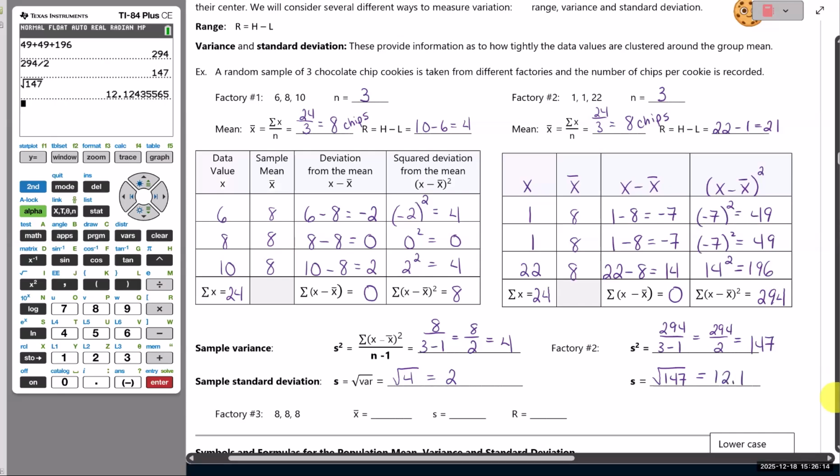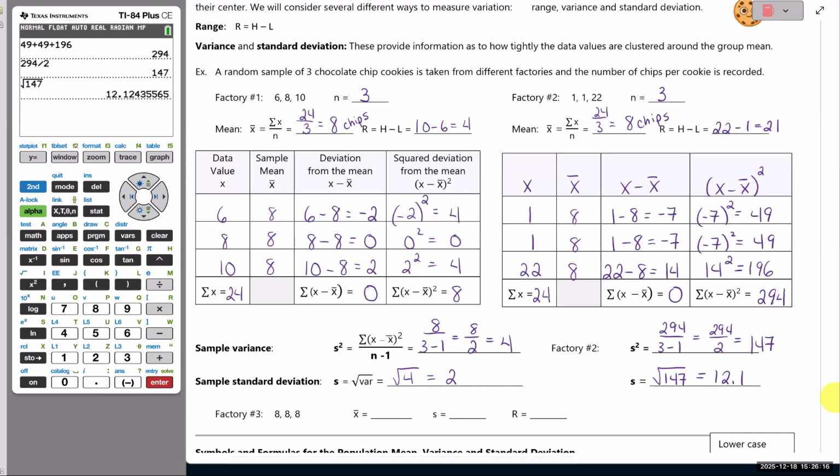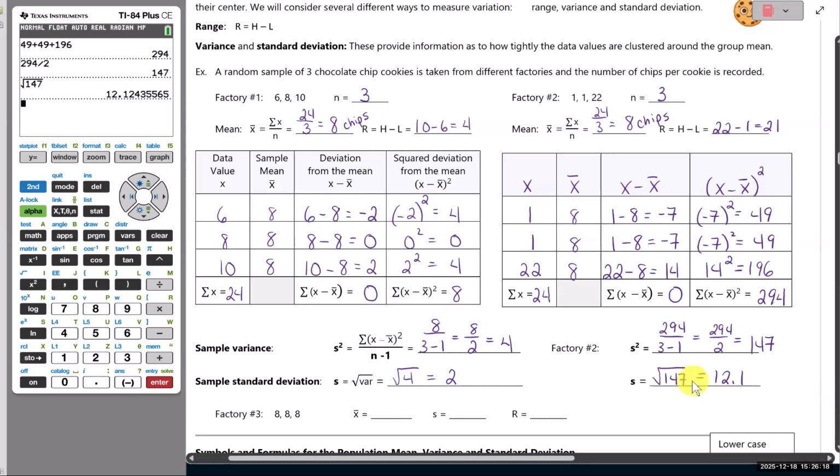All right. So here's kind of what we want to see. How these numbers directly apply to a problem, we're going to see later. Right now, we're just trying to see that the bigger the standard deviation, so factory 2, bigger standard deviation than factory 1, the bigger the standard deviation, the more variation we're seeing in that data set.